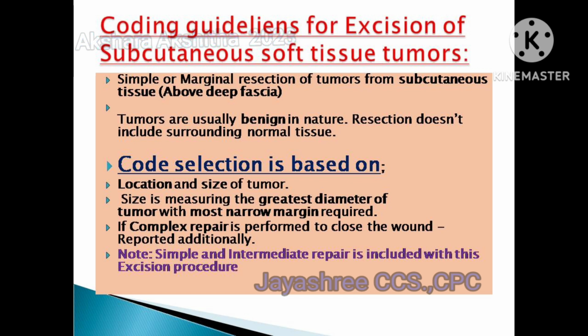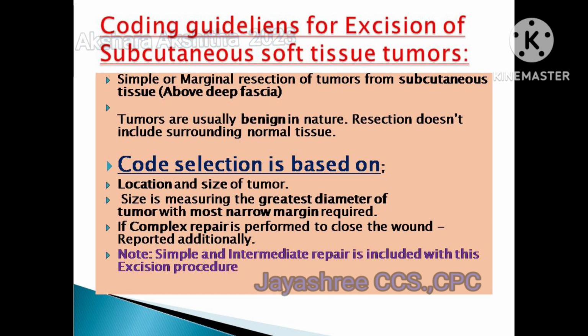So for normal excision, the condition will be benign in nature, and the resection does not include surrounding normal tissue. Code selection is based on location and size of the tumor. Size is measured as the greatest diameter of the tumor with the most narrow margin required.